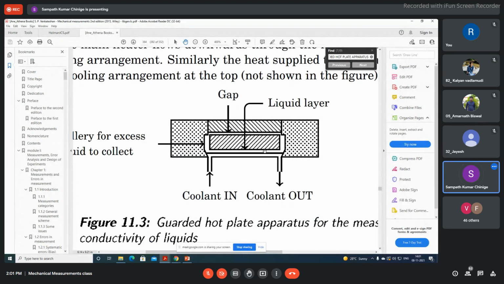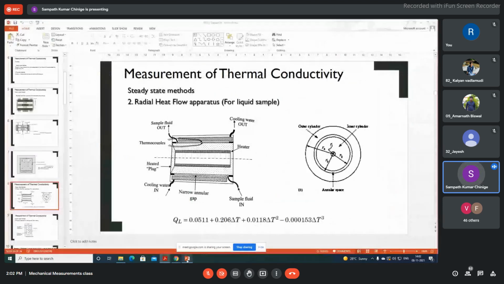Therefore, by measuring the temperatures along this surface and averaging it, and by measuring the temperature along this surface, you will be able to find out what the Q is, what the Q that you are giving, the surface area, and therefore you can find out the thermal conductivity. So this is one guarded heat plate apparatus that you can look at.